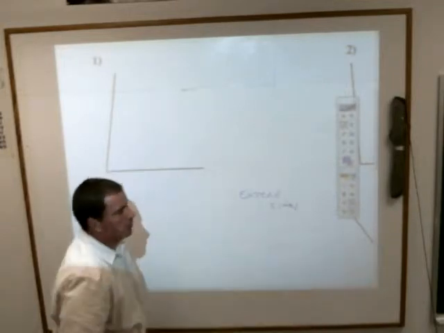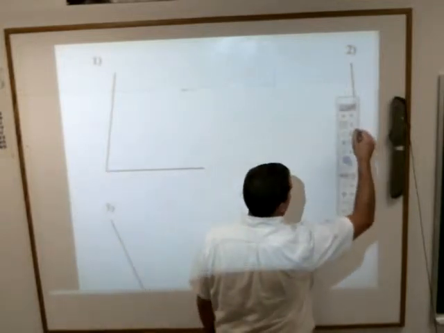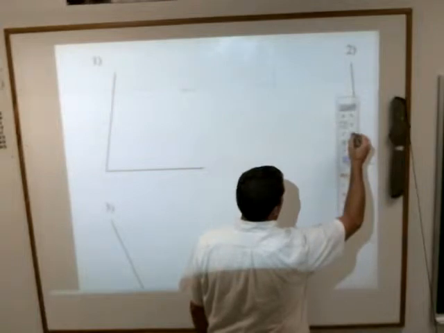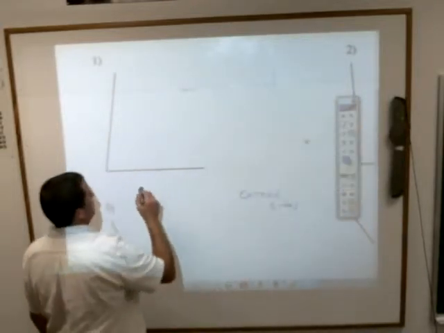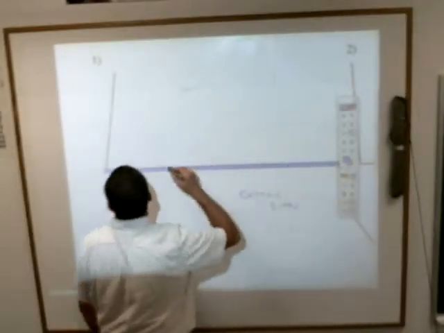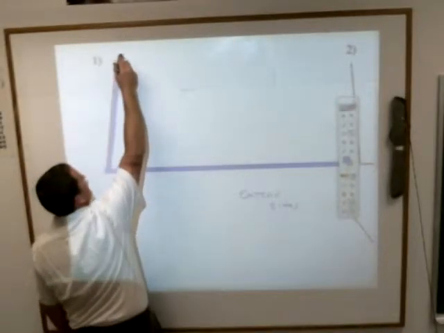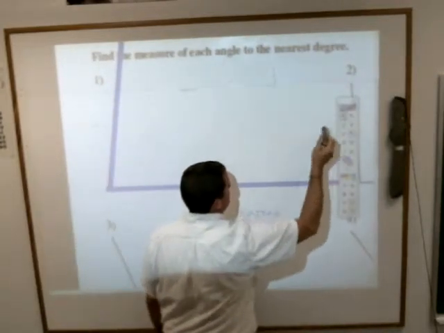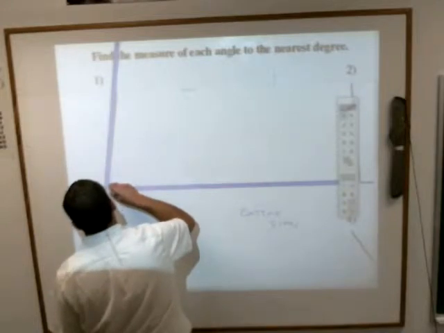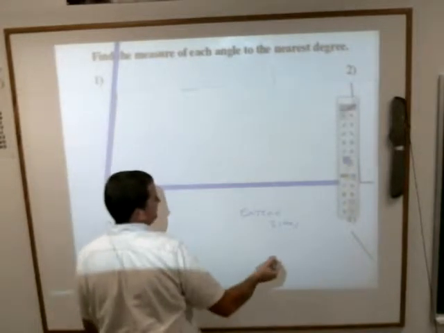In other words, take your protractor, lay the flat edge on the line and make the lines longer. So extend this one way out here, extend the other one way up here so that we got something to work with. Otherwise, your protractors don't work quite that well.